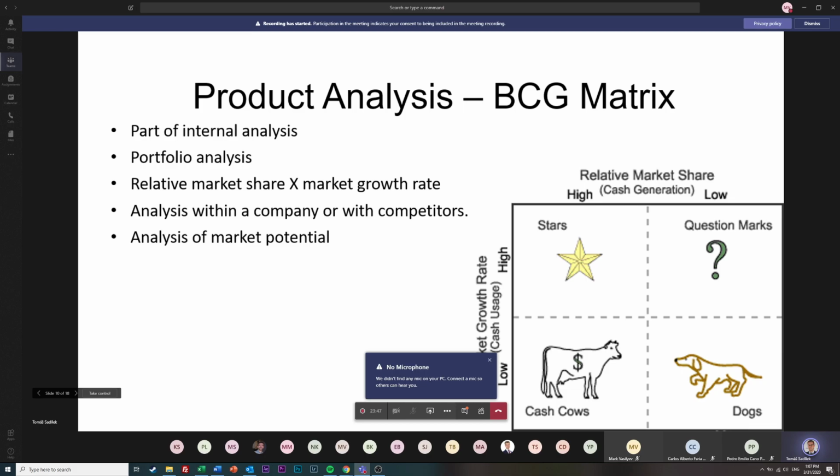Those are the information for the market growth rate, because we can calculate the growth in turnover in the actual year compared to the previous year. And the relative market share is the turnover of our company in comparison with the turnover of the rest of the companies on the market. So, it is used for the analysis of the market potential.